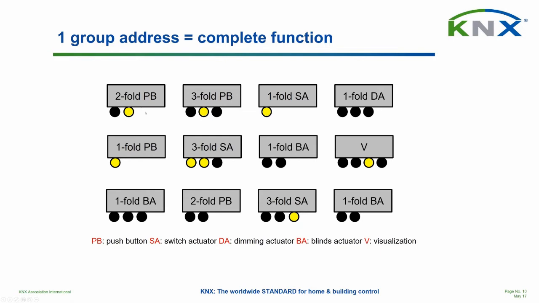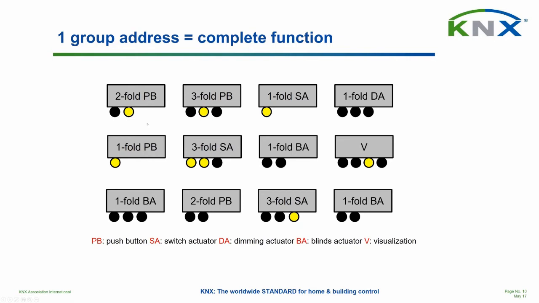Sometimes, like the example given here, two objects of the same device are included, in some cases even the one and only object of the device is involved, or just one object is involved. So you can see we have a lot of flexibility here with KNX.